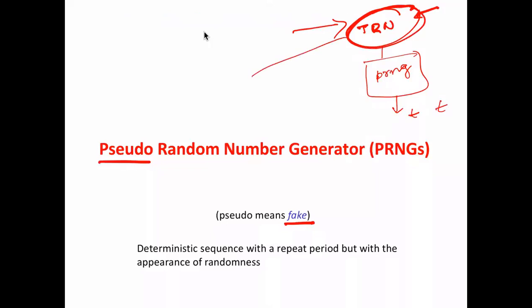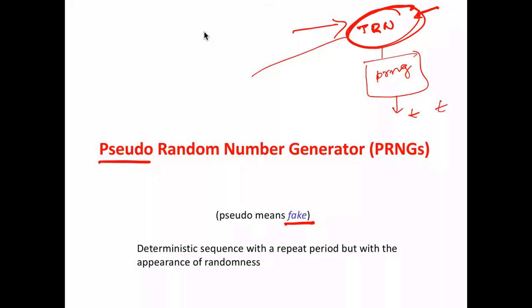and create a system which will give a sequence of random numbers or pseudo random numbers. Because true random number generation is expensive, use once generated a true random number, and create a sequence of random numbers out of that. That's the idea of pseudo random number.